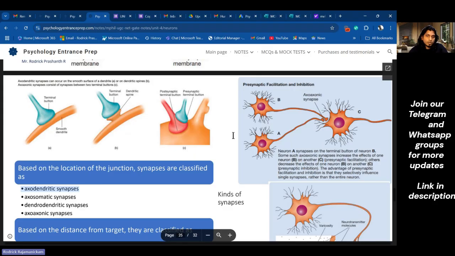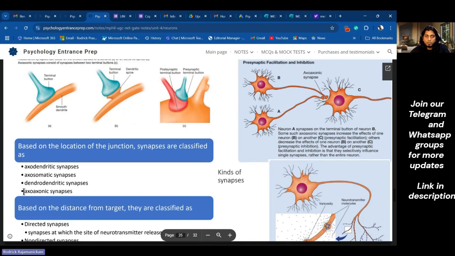So this is axosomatic. In axoaxonic, the terminal button attaches or synapses on another axon, thereby preventing it from exocytosis further or increasing it. So you can adjust the presynaptic neuron's synapse functions based on axoaxonic synapses.